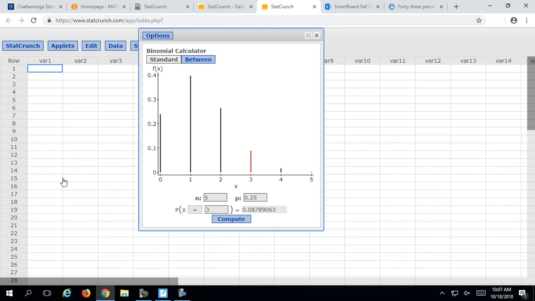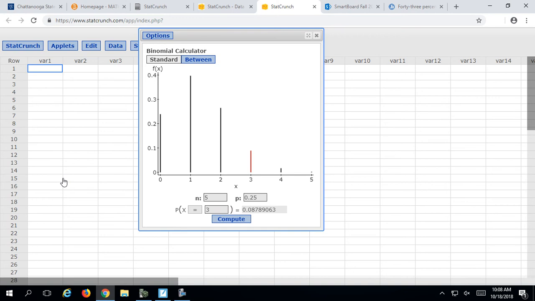If I wanted to know, what's the probability that I get less than 3 correct answers? Less than 3 correct means 0 or 1 or 2 correct answers. I would have to compute that binomial formula 3 times and add those together.